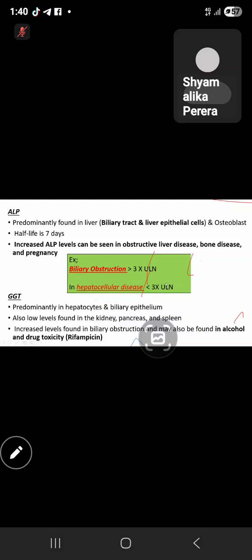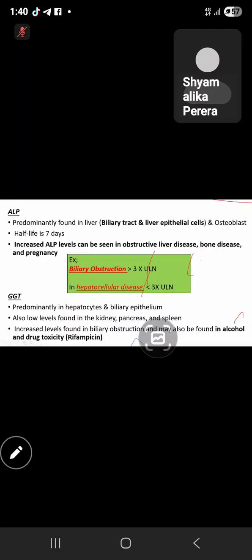That means in your bones. So ALP gets elevated not only due to liver diseases, it can increase due to bone diseases as well. You can also have high ALP levels in pregnancy and in growing children because of their growth.